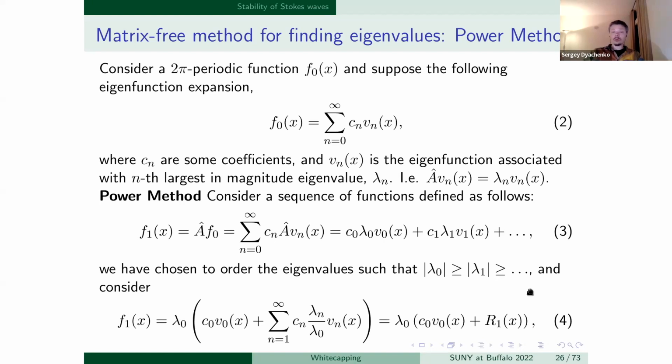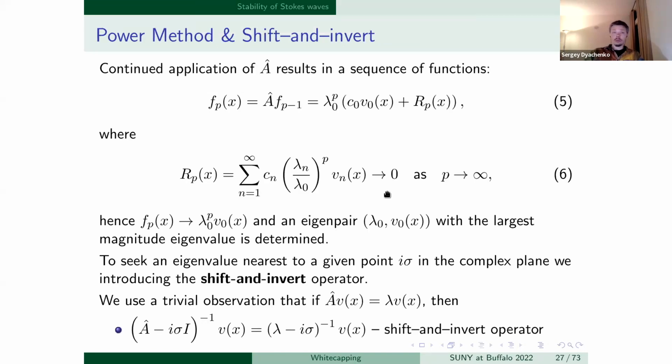And then if you continue to iteratively apply this operator A to the functions f, for example, if you build f sub p of x from f sub p minus 1, you will get something that looks like lambda naught to the power p times the eigenfunction associated to lambda naught plus some remainder Rp of x.